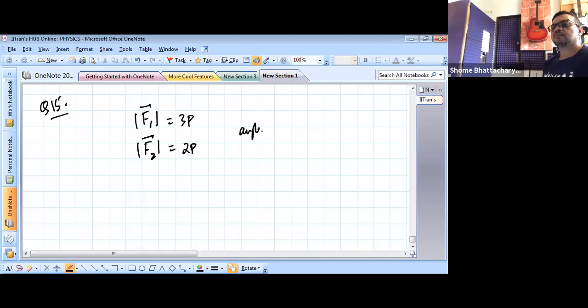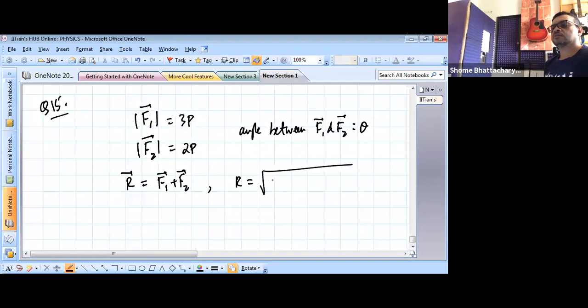Suppose the angle between F1 and F2 is theta. Then the resultant will be such that R squared equals F1 squared plus F2 squared plus 2 times F1 F2 cos theta.